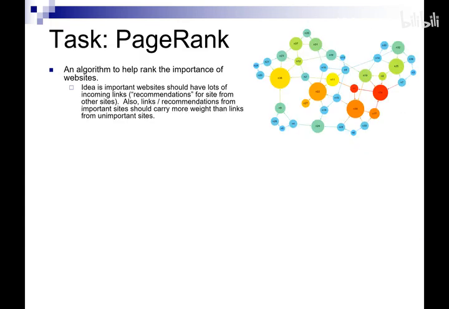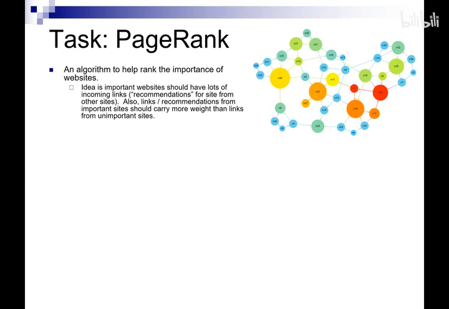So the final problem we're going to look at is PageRank. PageRank is basically a way to rank the quality of websites, and it's based on a simple idea. Suppose I have a website and many other websites point to my website. That's an indication that I have a high quality website, because otherwise, why would so many other web pages point to my website?